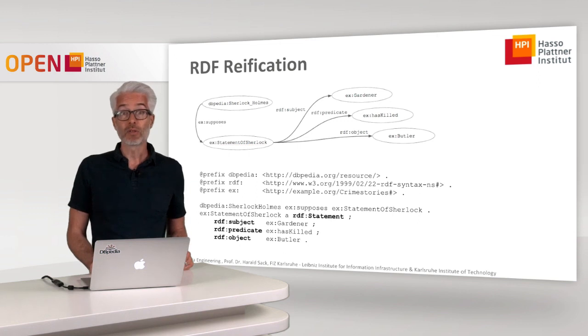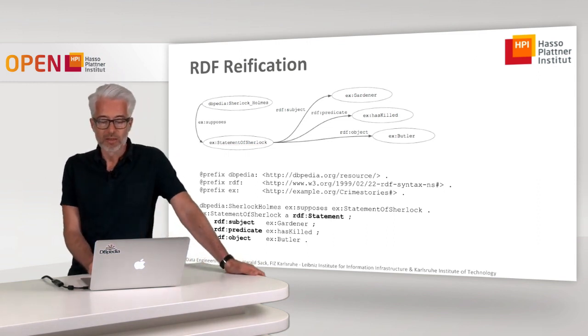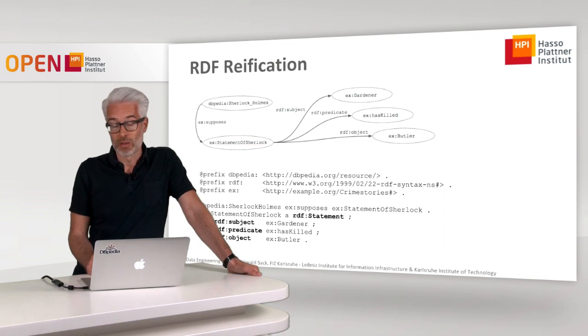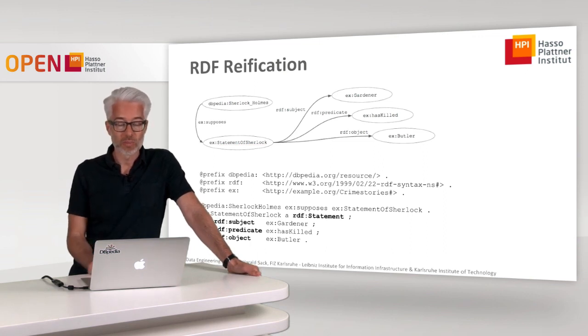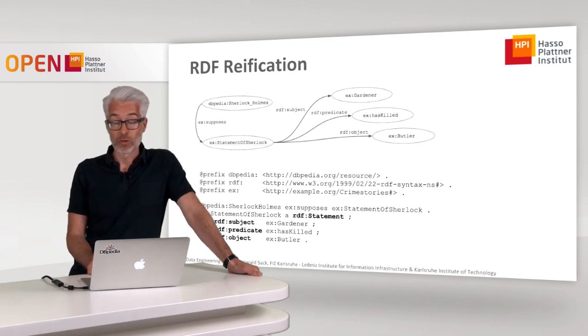So let's have a look at the Turtle representation of that. It's quite easy. You see here, first we say Sherlock Holmes supposes a statement. And we give this statement the URI statement of Sherlock. Then in the next triple we define the statement of Sherlock.